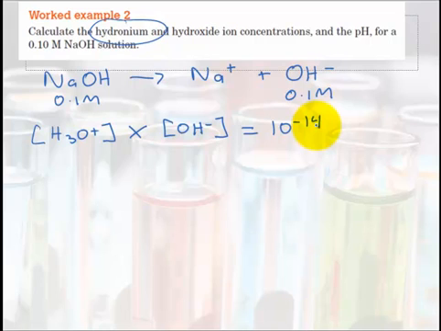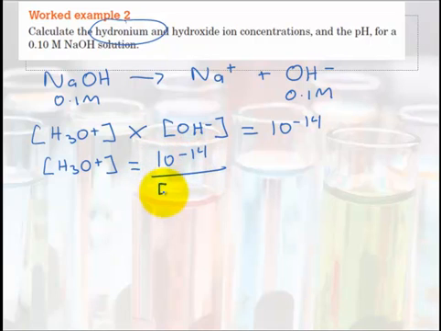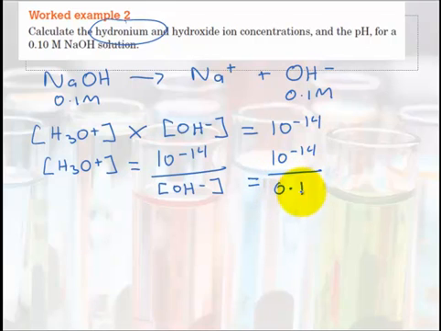So now all I need to do to find out my concentration of hydronium ions is hydronium ion concentration will equal 10 to the negative 14 divided by my hydroxide ion concentration, which equals 10 to the negative 14 divided by 0.1, which equals 10 to the negative 13 molar.